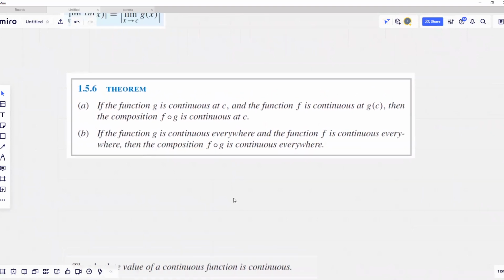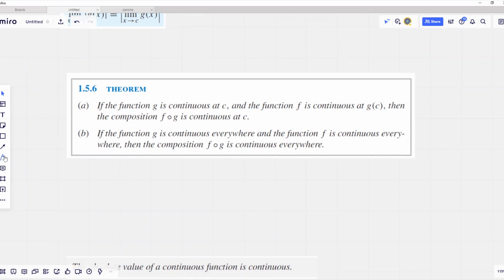Okay, next theorem. If function g is continuous at point c and function f is continuous at g of c, then their composition f of g is continuous at c. And if function g is continuous everywhere and function f is also continuous everywhere, then their composition will also be continuous everywhere.